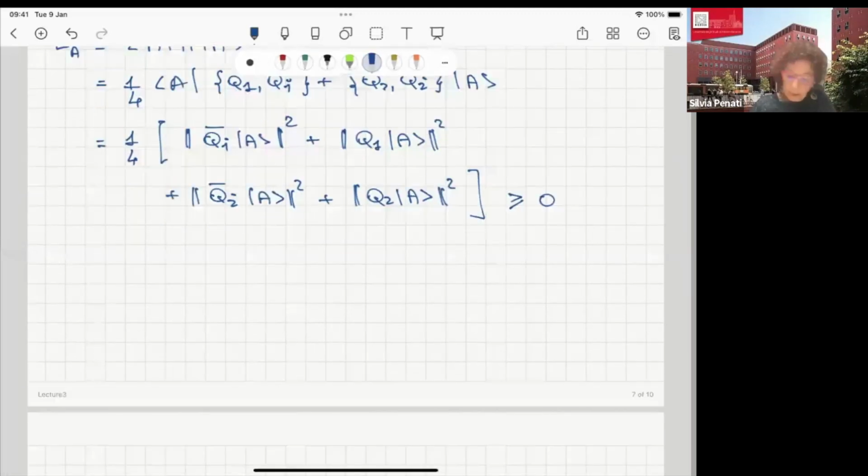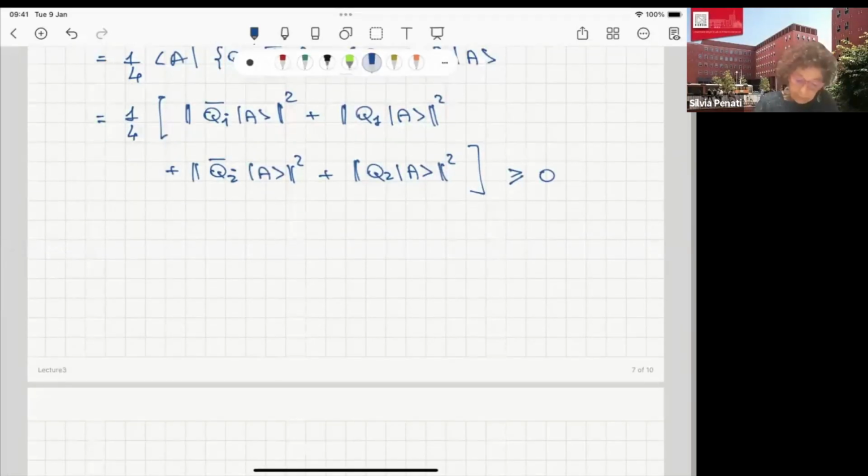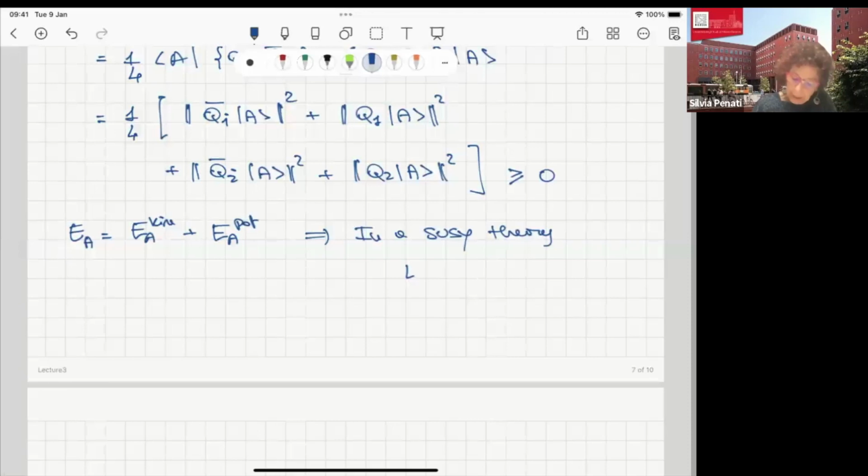But remember that the total energy will be the sum of the kinetic energy plus the potential energy. The kinetic energy, by definition, is always positive. Therefore, what we conclude is that in a supersymmetric theory, the potential energy is always positive or at most 0 for any generic state A.